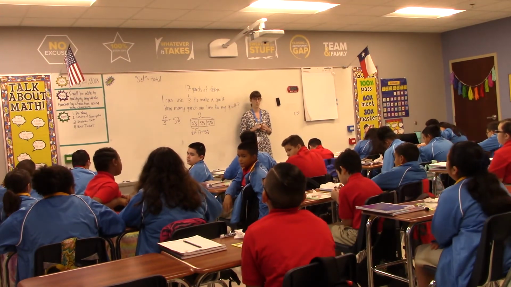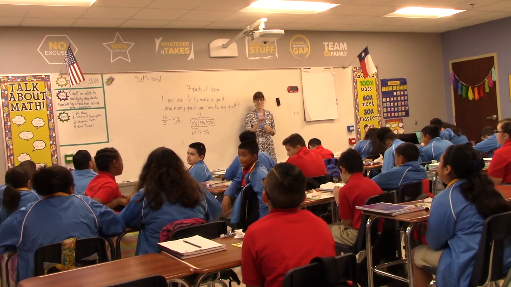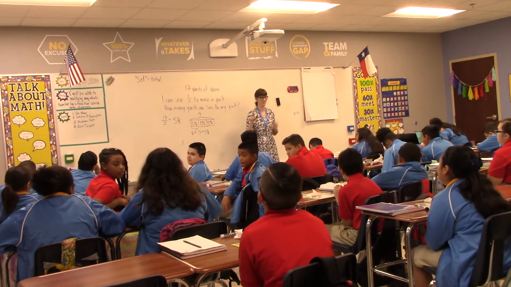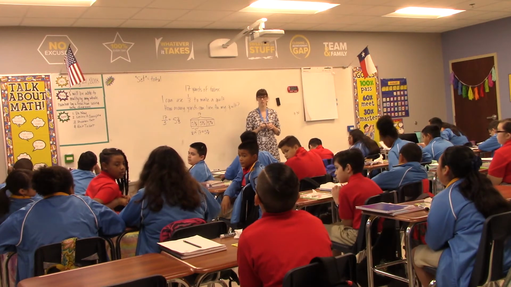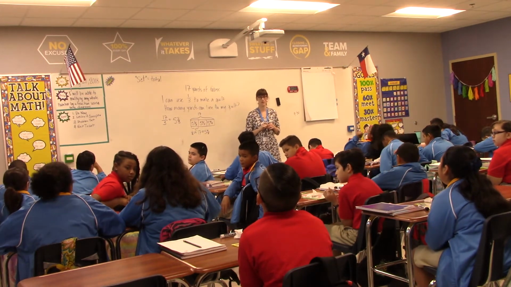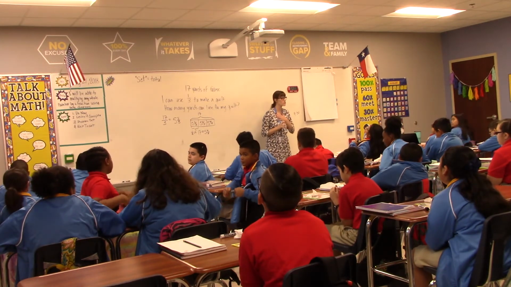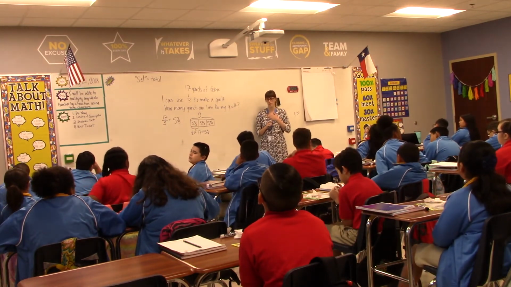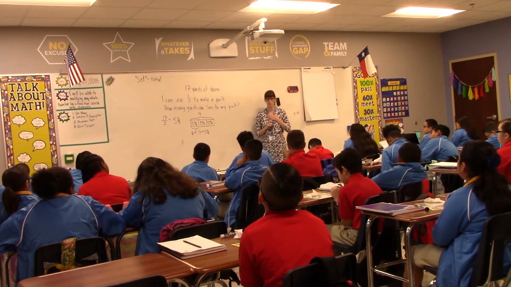To do what? So can you put it all together in one sentence? We can use 5 and 2/3 to quilt. I can use 5 and 2/3 yards of fabric to make my quilt.